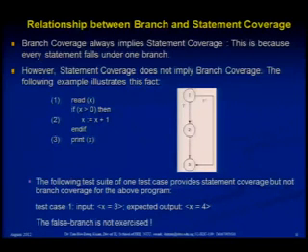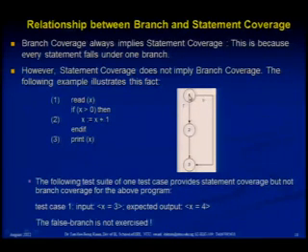But this test suite is not correct for branch coverage testing, because when you execute it, it does not exercise each branch at least once. There is another branch here. In this case, node 1 is a decision node because it has two outgoing edges. There are 2 branches, one is 1, 2, and the other is 1, 3.